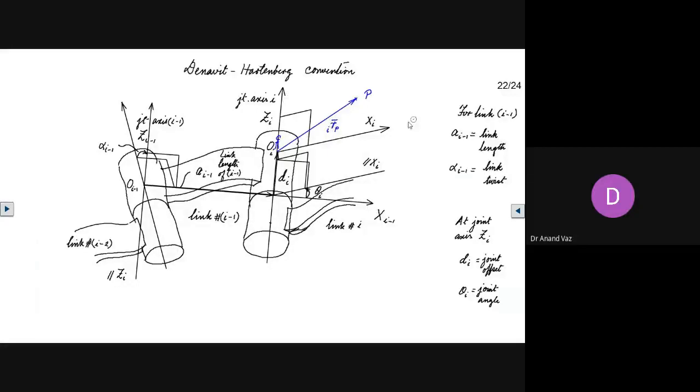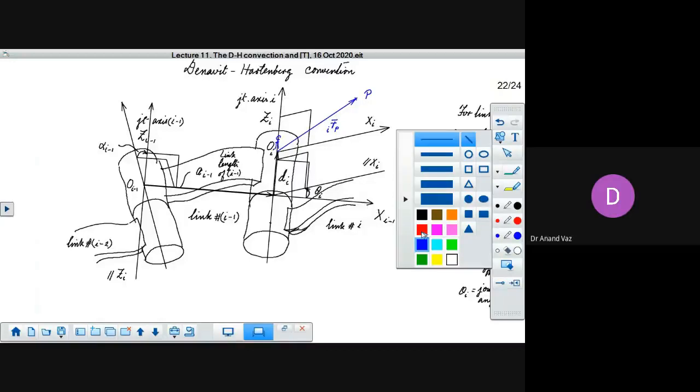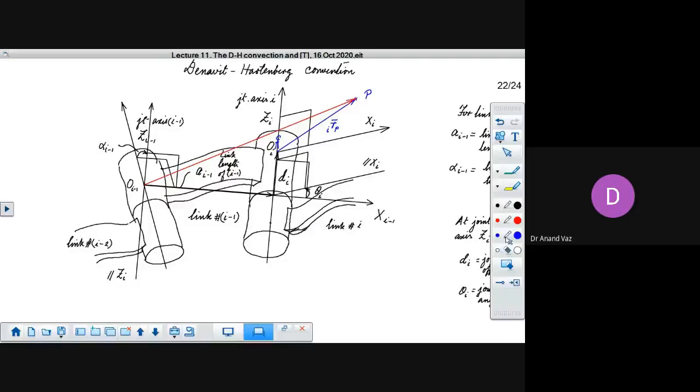But the observer in the frame i minus 1 is going to look at this same point. How is he going to see it? He is going to see it as this vector, and he will express it in terms of his coordinates. So we have two distinct vectors.